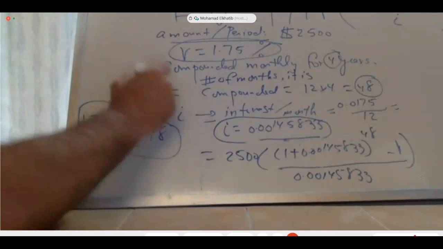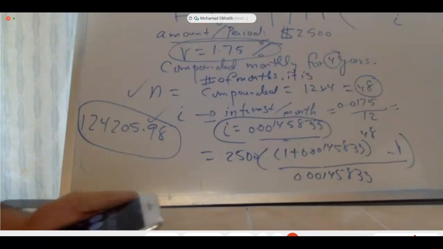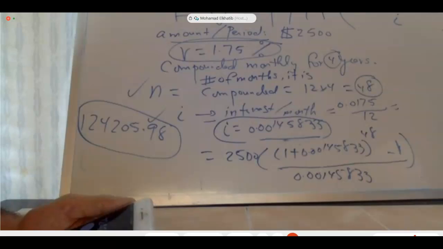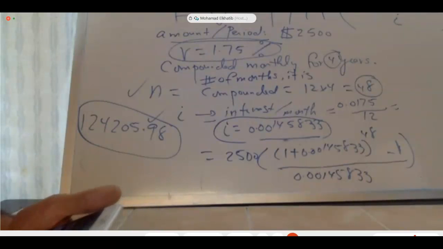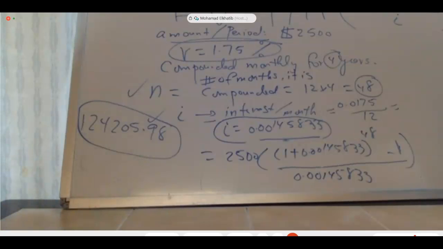So if they took every month $2,500 out of my paycheck, and I left that for only 4 years, not a whole lot, just 4 years, they're going to send me a check for $124,205.98, if the interest rate is 1.75, and that will be my answer.